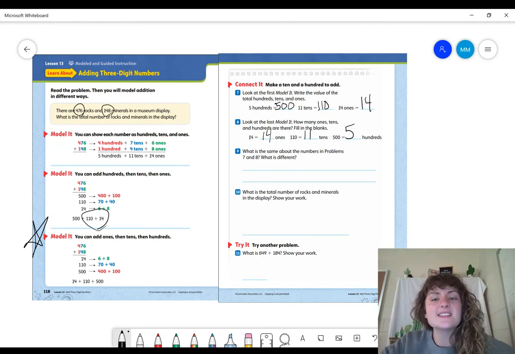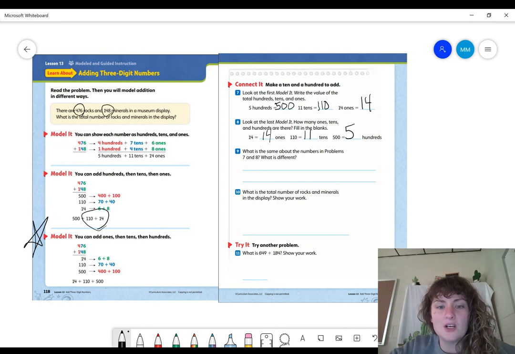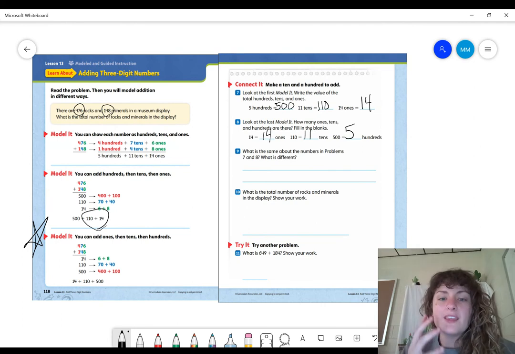It says, what is the same about the numbers in problems 7 and 8? What is the same about those problems and what is different? So looking at our number, I want you to think about how we solve these addition problems. What is going to be the same and what is going to be different? So I'm thinking specifically about our tens place.